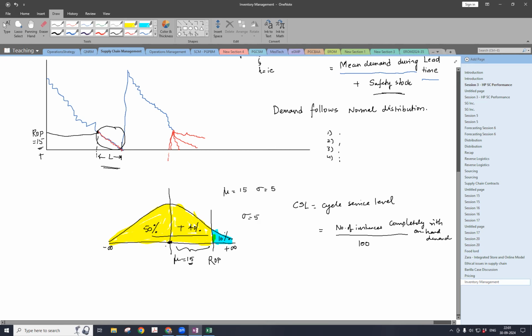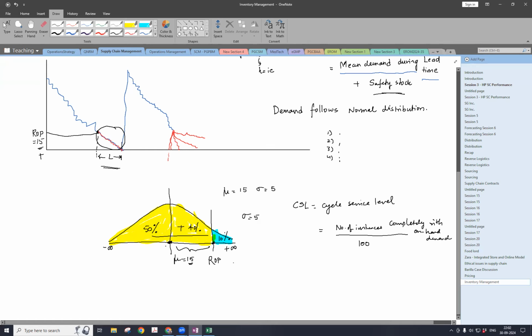But if I want to identify what exactly this is, the good thing is, as we have mentioned above, the normal distribution has some special properties, so that this particular value, if I'm saying 90%, can always be identified corresponding to a probability.